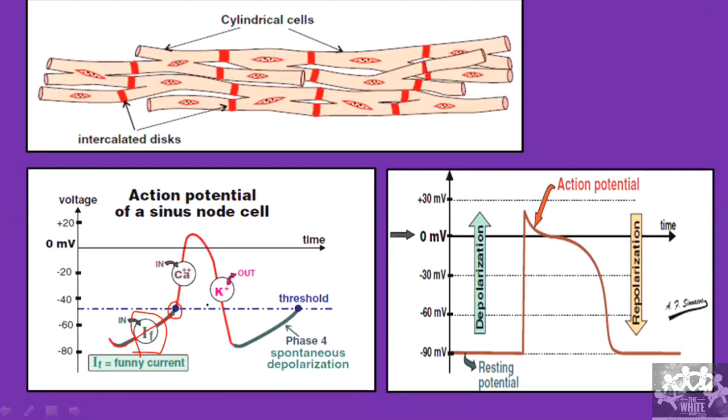At that point, the calcium channels start opening. Once the calcium channels open, it creates an action potential. Then calcium channels close and potassium channels open and potassium comes out. As it reaches around minus 65, minus 70 again, spontaneous depolarization happens. So this is about the action potential in the nodal tissue.